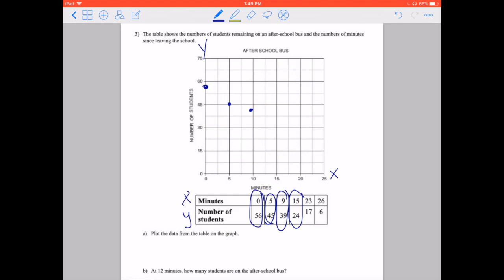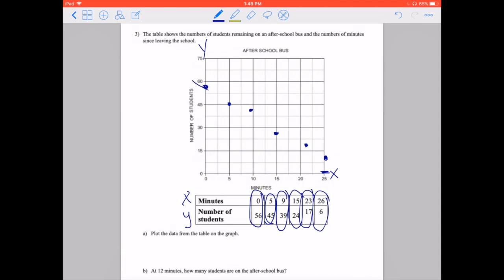At 23 minutes, there are 17 students left. And at 26 minutes, there are 6 students left. So 26 is a little off this chart, so we're going to put it about right there.